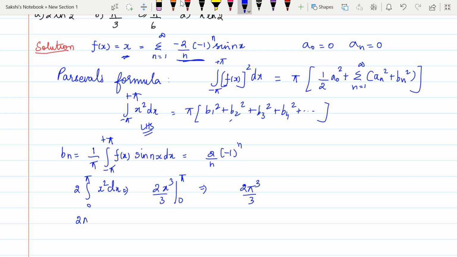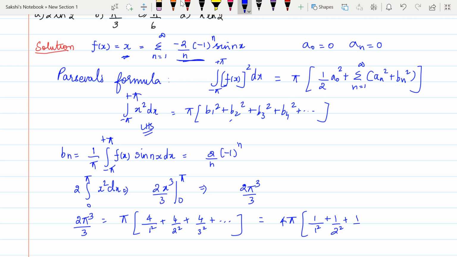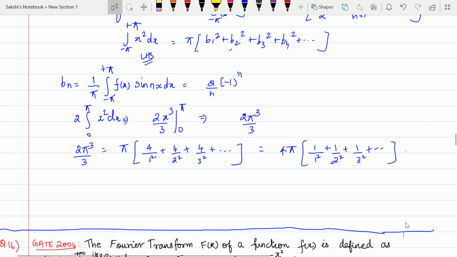So this is my LHS, and I know my RHS to be pi into b1 square, which is 4 divided by 1 square, plus 4 divided by 2 square plus 4 divided by 3 square, and so on. So I can write this as 4 pi into 1 divided by 1 square plus 1 divided by 2 square plus 1 divided by 3 square, and so on.